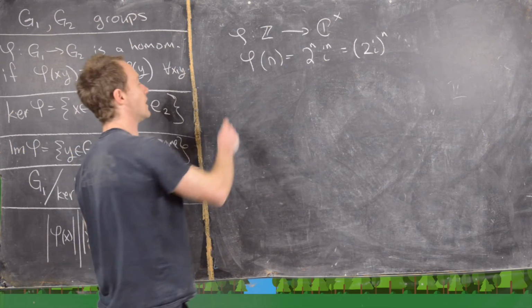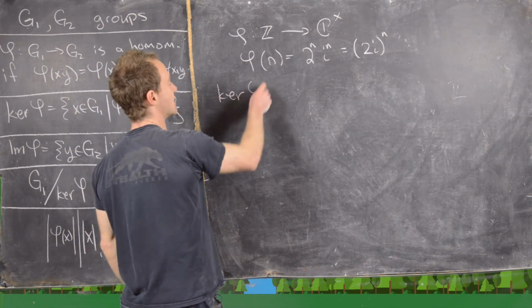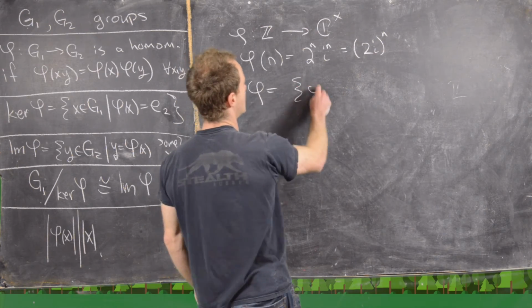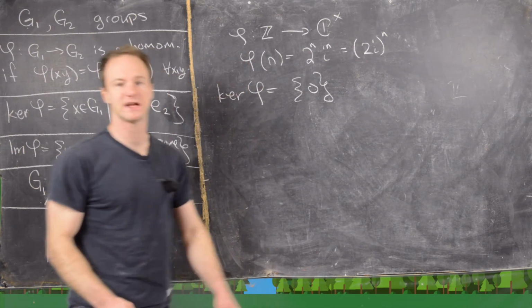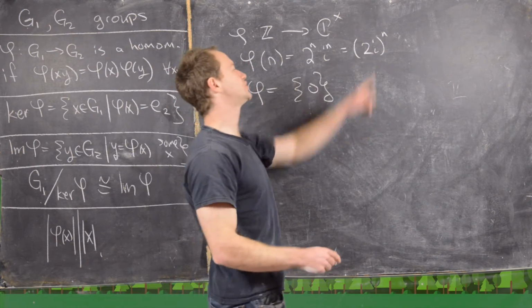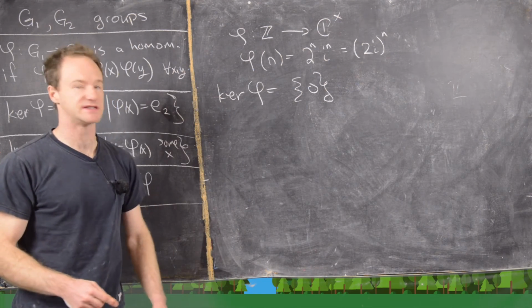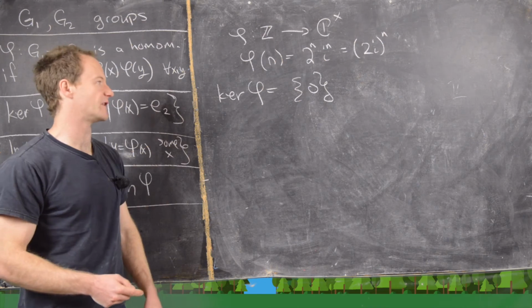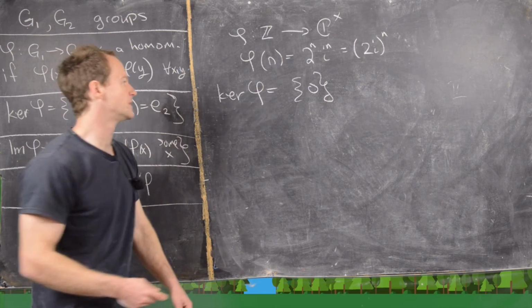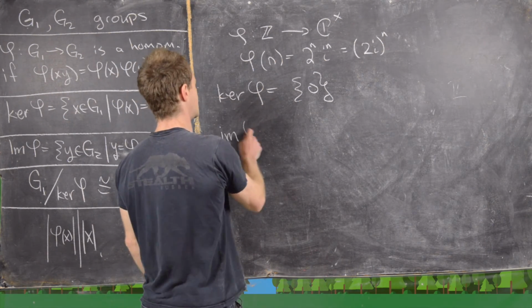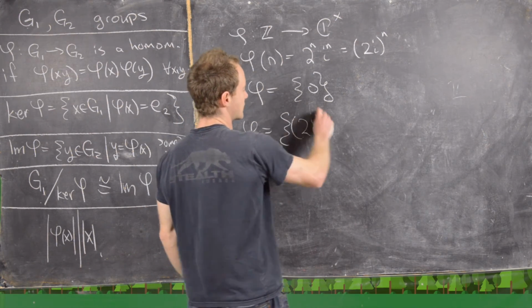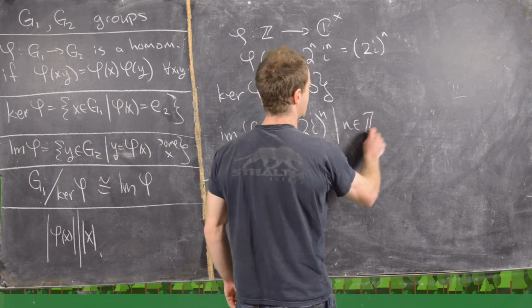And so now it's easy to check here that the kernel of phi is going to be equal to only 0. Because we want 2i to the n to be equal to 1, but the only way for that to be the case is n equals 0. But now notice that the image of phi, well, it's maybe not super interesting to write, but it can be just written in this form.